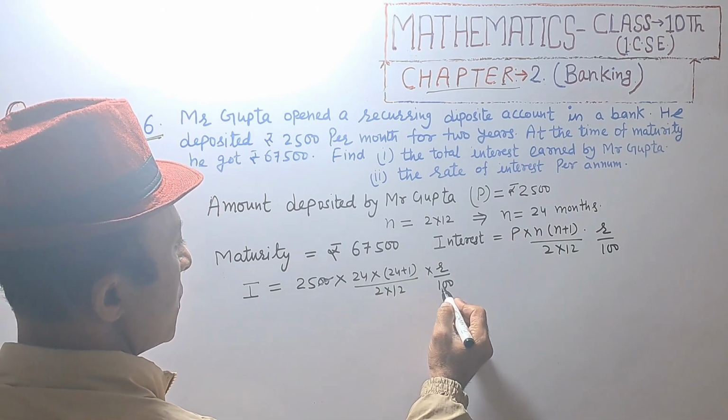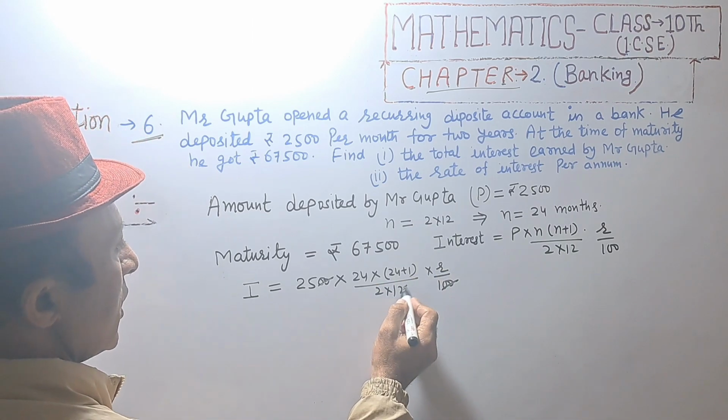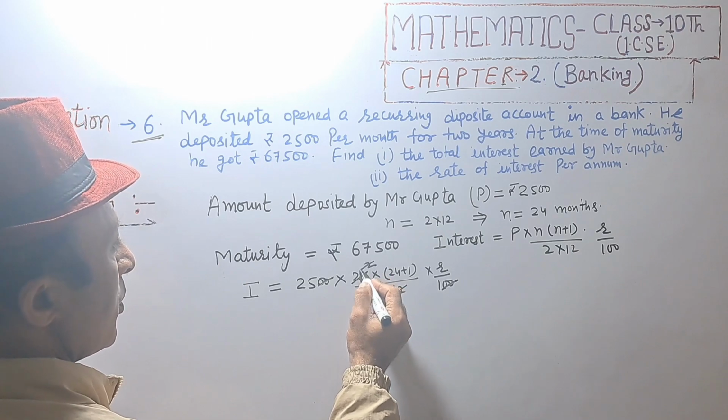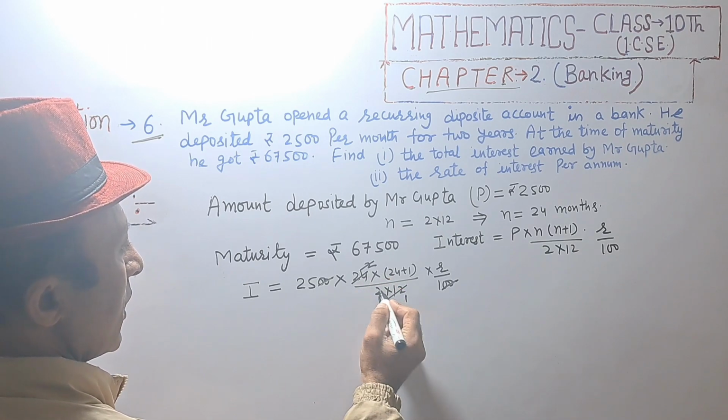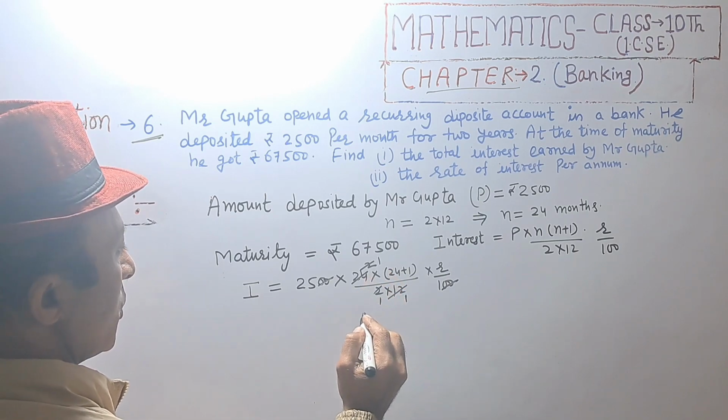And the 2 zeros cancel. 12 2s are 24 and 12 1s are 12. 2 1s are 2, 2 1s are 2.